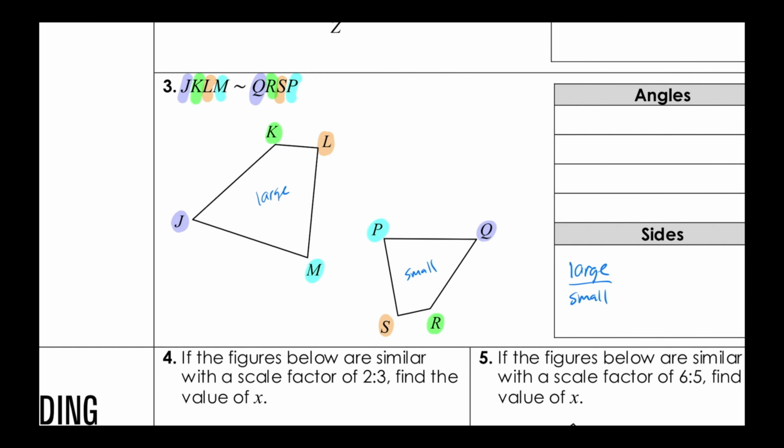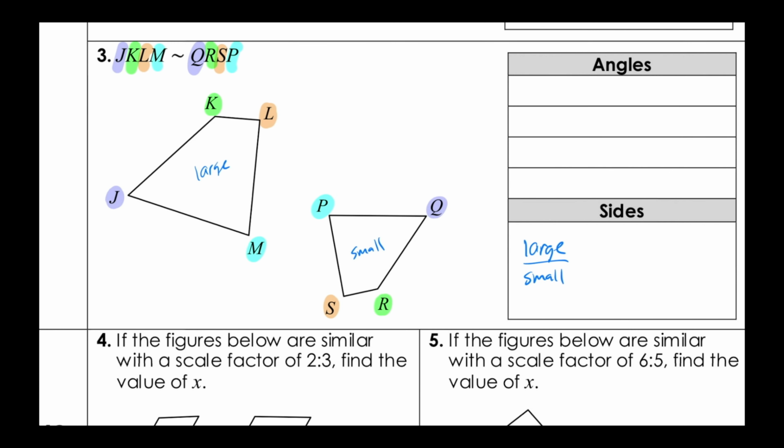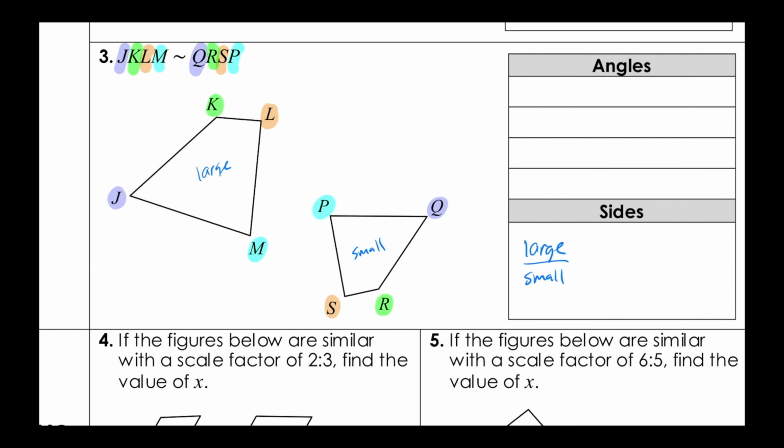Okay? So that's how you know. Whatever order the problem's in, that's the order you do your proportions. I just really quick did the colors for you, so maybe that'll help you. So I'll give you a couple more minutes to finish this one.